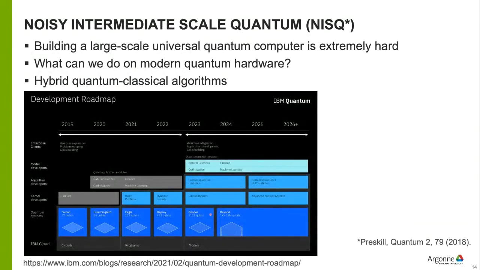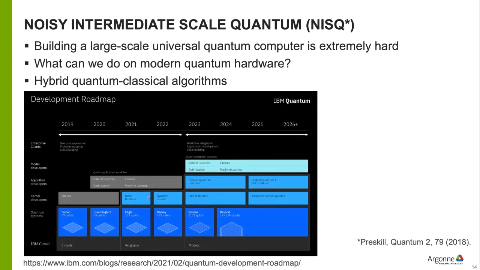This is the roadmap for the IBM quantum computers, and they are expecting to have a quantum computer with around 1,000 qubits in 2023. And obviously now it's limited to under 100 qubits, which also have, in some cases, very large error rates. And fully quantum algorithms are not useful yet on modern quantum hardware.